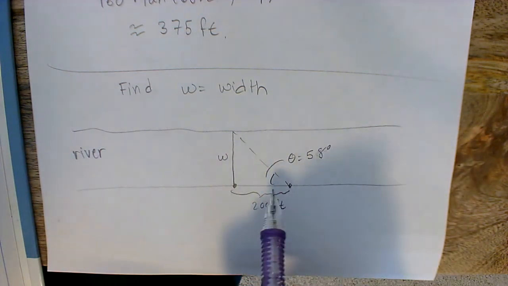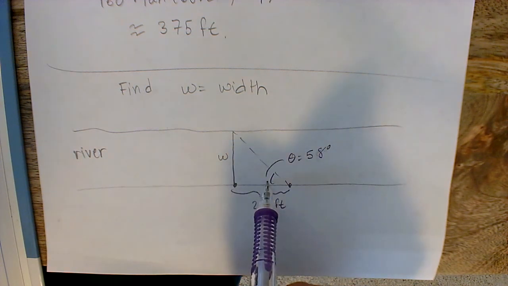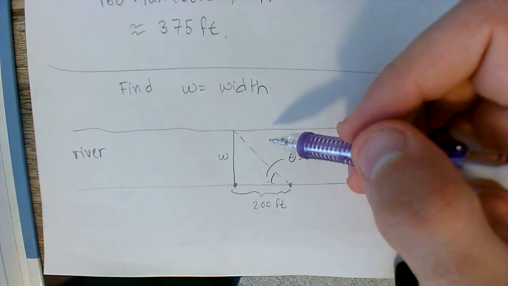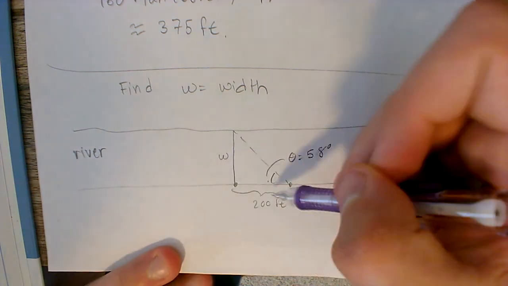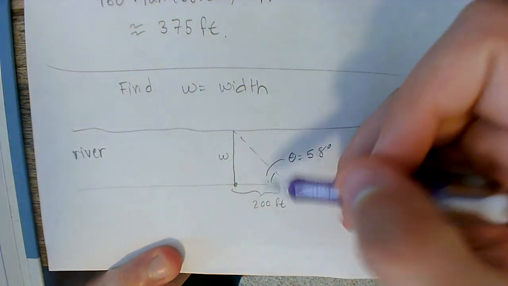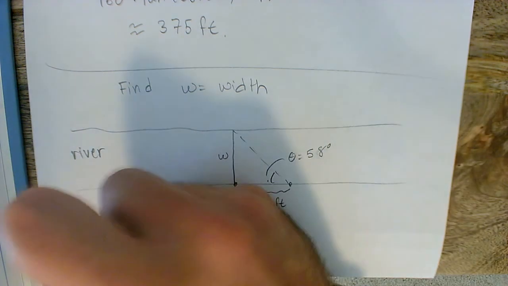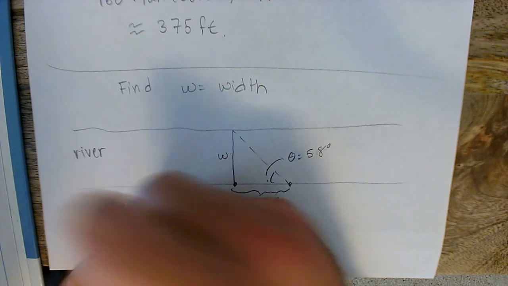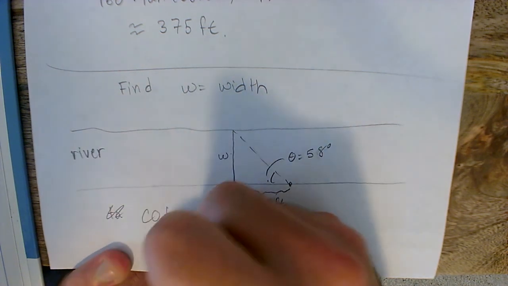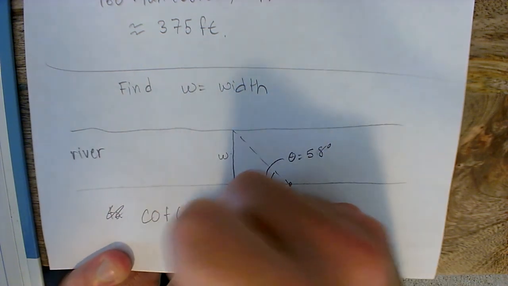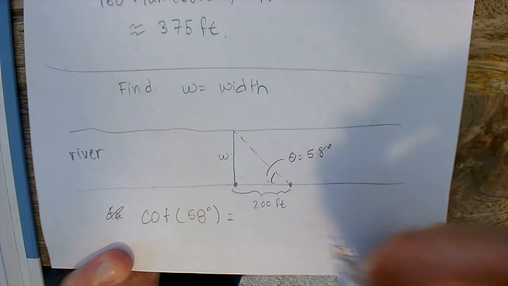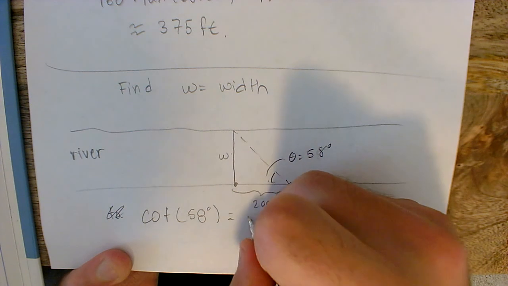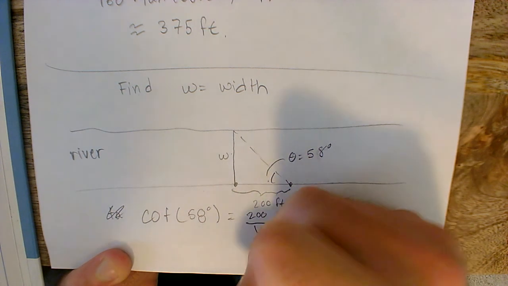So I have this angle. Here's my hypotenuse, this dotted line. I don't know the length of the hypotenuse. I want to find the width, but I do know the length of the adjacent side. So again, the correct choice is tangent, because you know the adjacent side and you want to find the opposite. Cotangent would work too. If you did cotangent of 58 degrees, remember, if tangent is opposite over adjacent, cotangent is adjacent over the opposite.